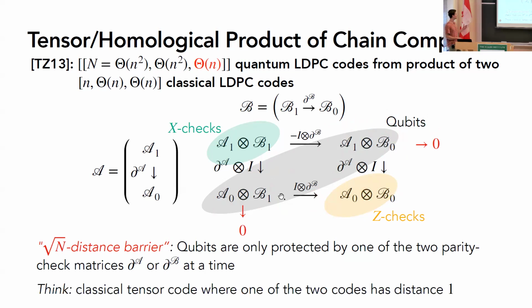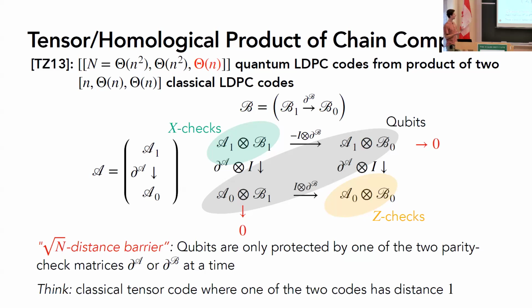So intuitively, with this product code, we're getting the behavior of a classical tensor code, but where one of the two codes has parity check matrix zero, or the code is the entire vector space, so it has distance 1. So intuitively, this quantum product construction we've drawn is like a classical product of a good code with a trivial code.